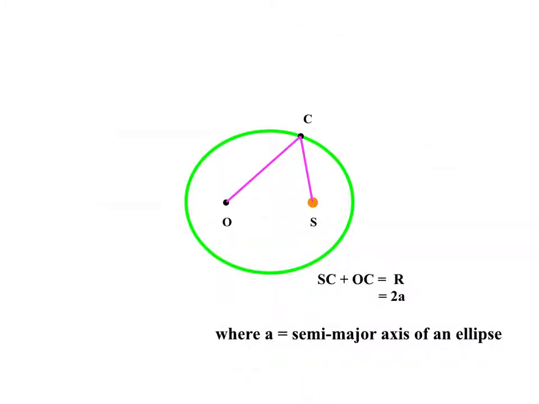Of course, that means we have just defined an ellipse where O and S are the foci and C is any point on the ellipse. In other words, SC plus OC equals R, and we can say that it is also equal to 2A, where A equals the semi-major axis of this ellipse that we have just created.